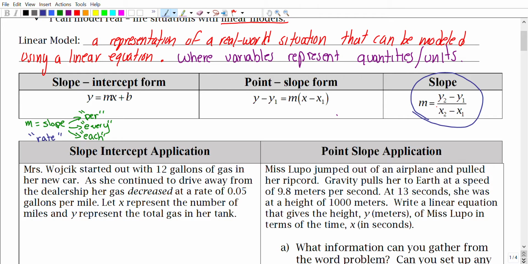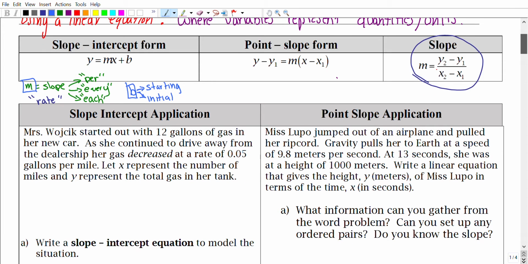For B in slope-intercept form, you will see things like starting value or initial value. Look out for these words to represent our variable b. Let's get started with our first problem.